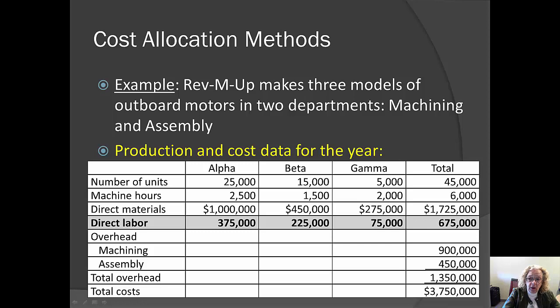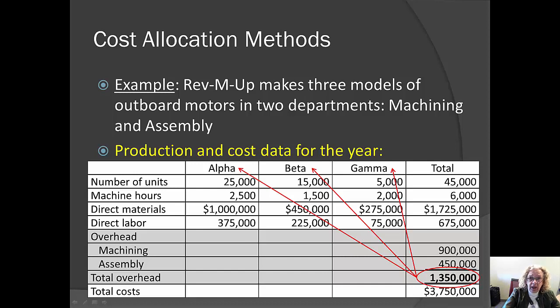But we also have a significant amount of overhead in our two departments. Some of the overhead belongs to the machining department, some of it belongs to the assembly department, and we don't have any good way to decide how much of that overhead belongs to each type of motor that we manufacture.